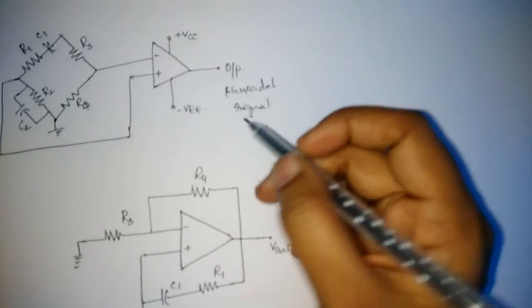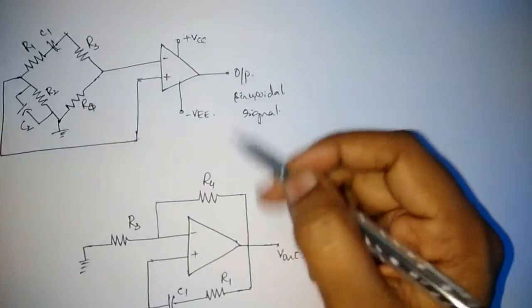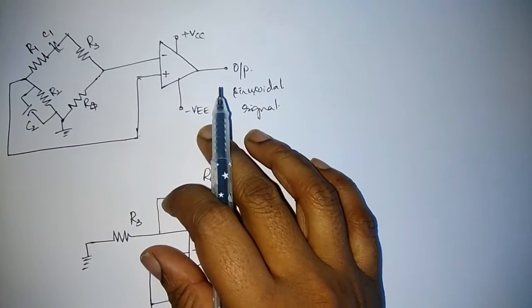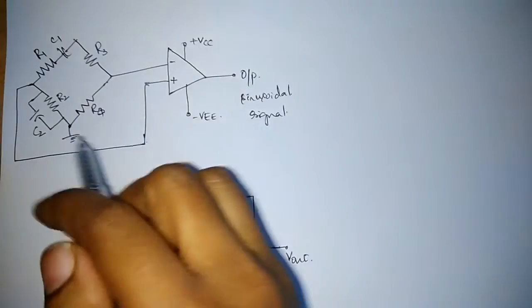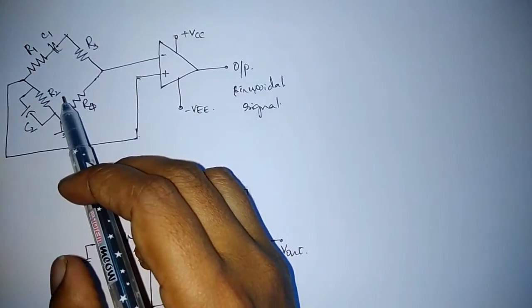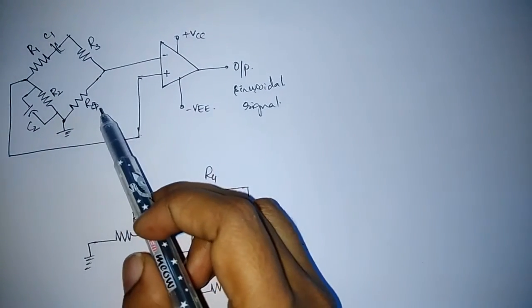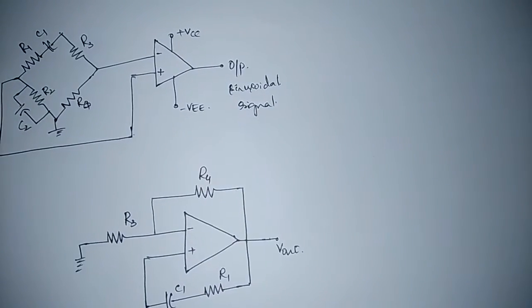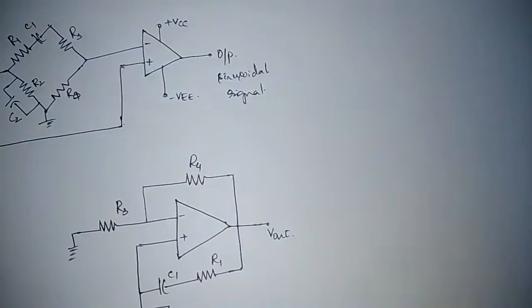Generating the waveform is nothing but generating frequency, right? So in order to have the flexibility in generating the frequency, we are going for Wien bridge oscillator. Here you can observe, I have taken op amp based Wien bridge oscillator. The same can be written using transistor also.